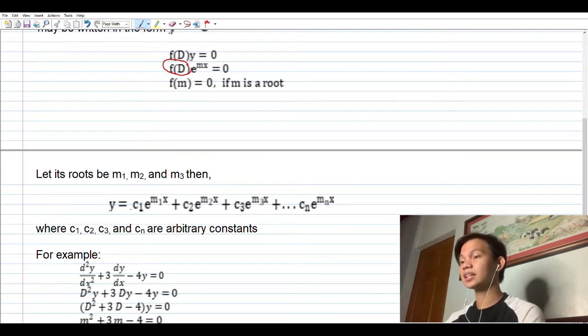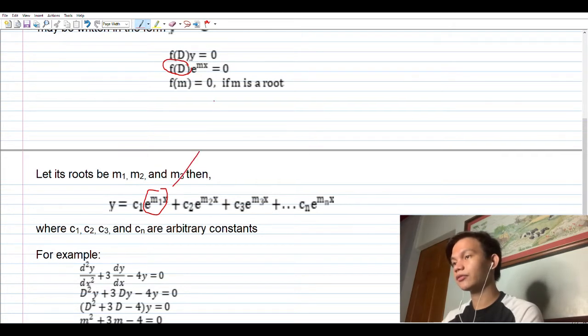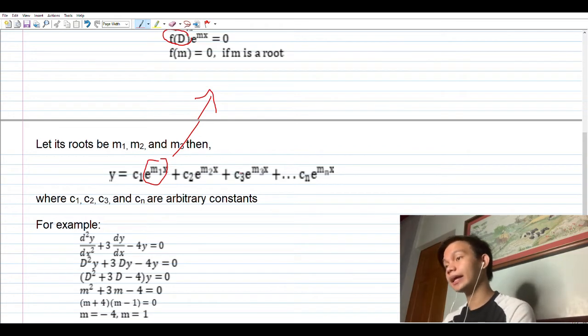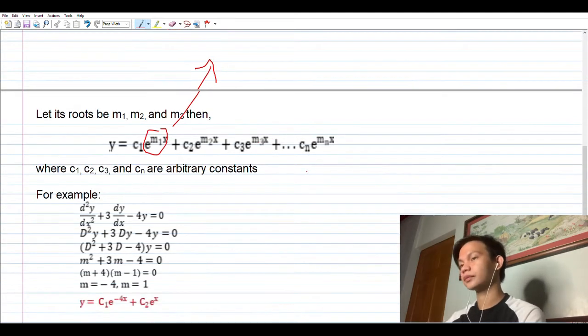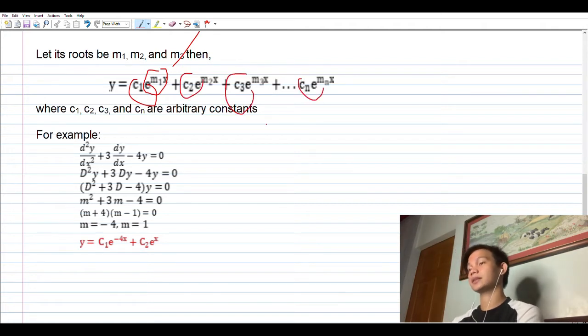Then the form may be rewritten as y is equal to c sub 1 times e raised to the power of m1 x, wherein the m1 here are the roots got from here, plus c sub 2 times e raised to the power of m2 x plus c sub 3 times e raised to the power of m3 x, and so on and so forth, wherein c1, c2, c3, and cn are arbitrary constants.